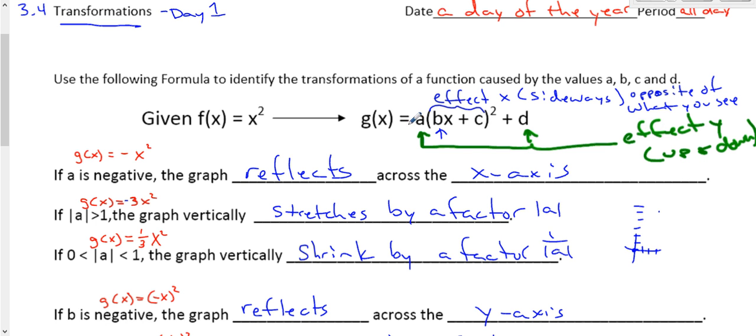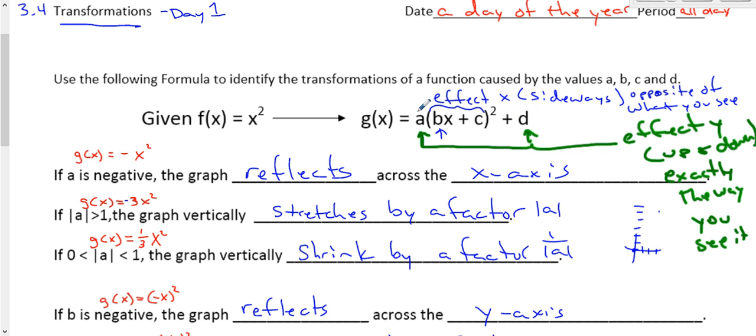And when you're talking about the values on the outside, it's going to affect y exactly the way you see it. Okay, outside, you do exactly what you see.